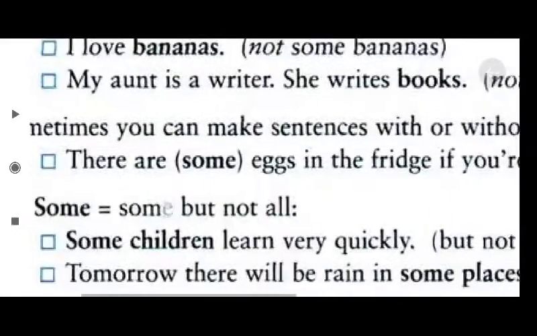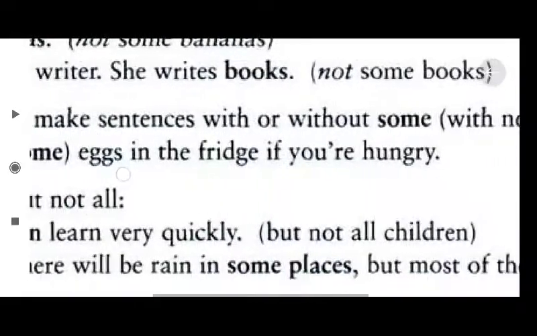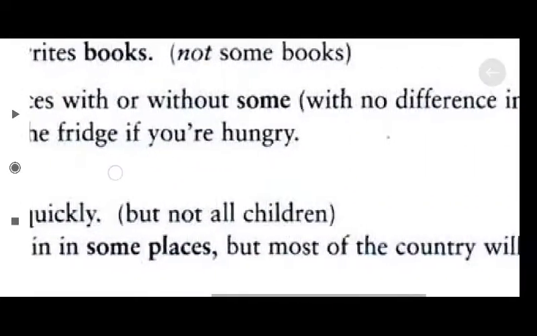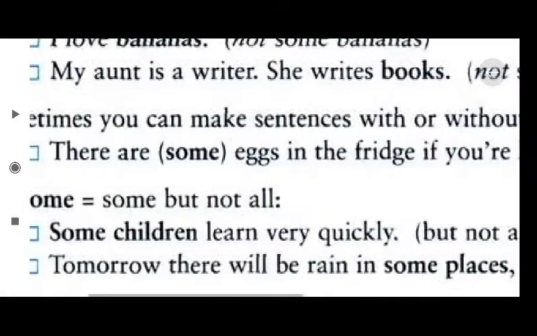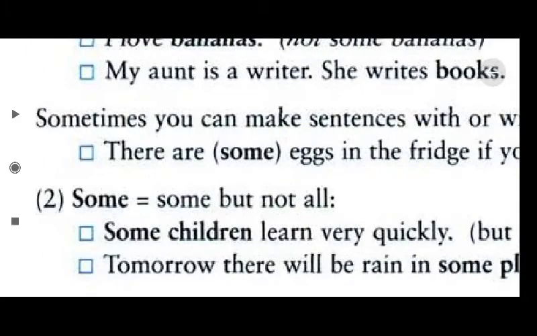Sometimes you can make a sentence with or without some, with little or no difference. For example, there are some eggs in the fridge, if you are hungry. We also have some but not all.